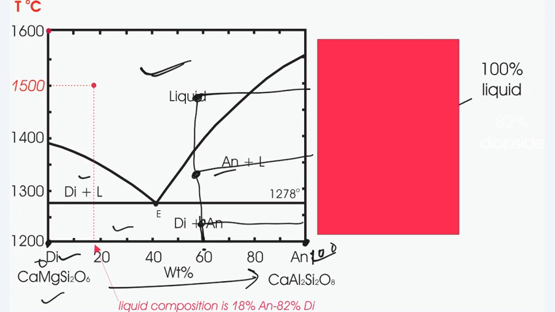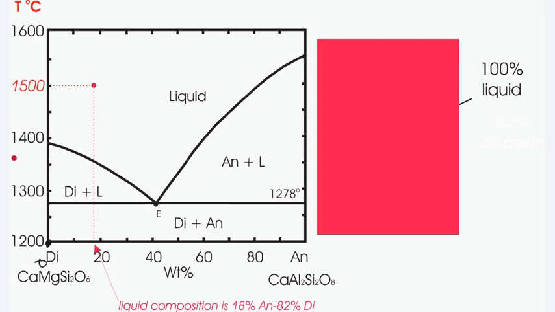The melting temperature of diopside is 1392 degrees, and the melting temperature of anorthite is 1553 degrees. Now we will take a composition.